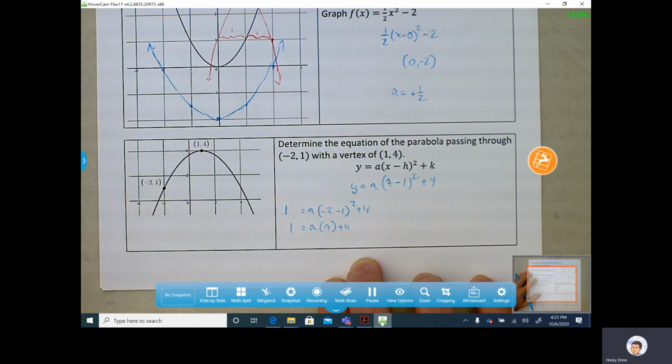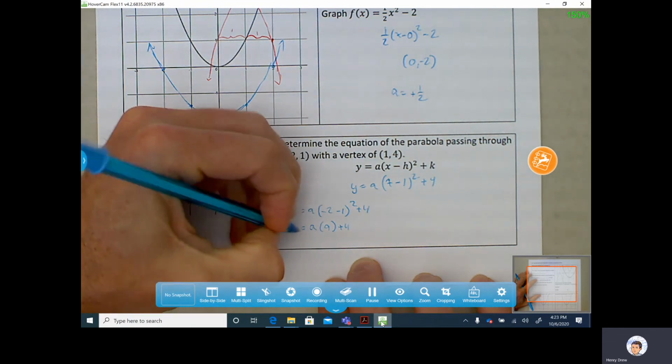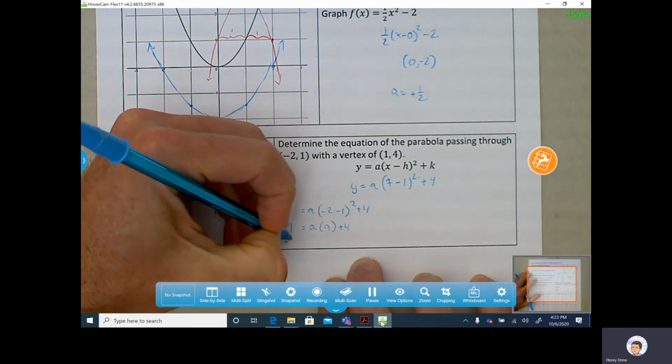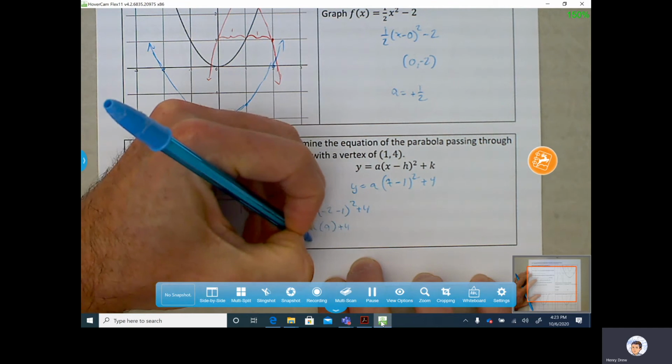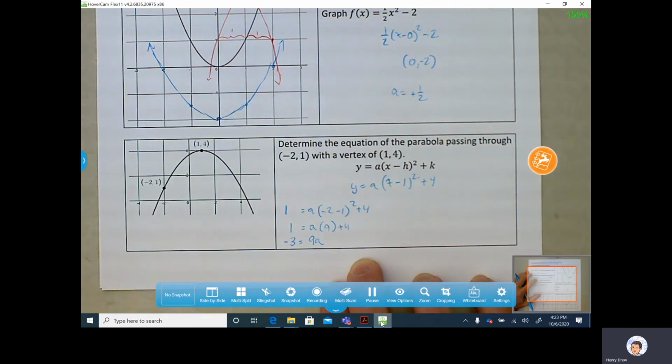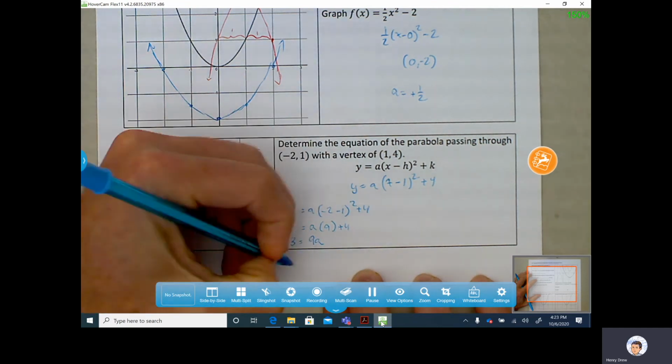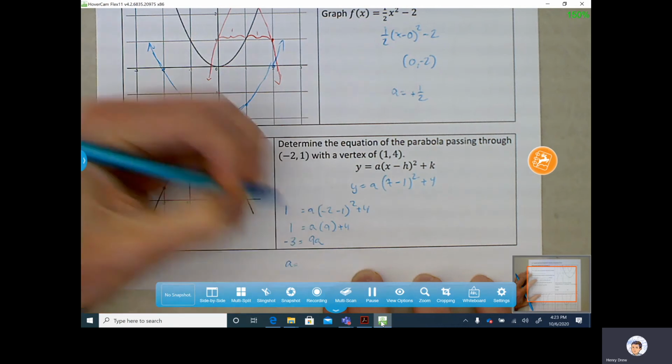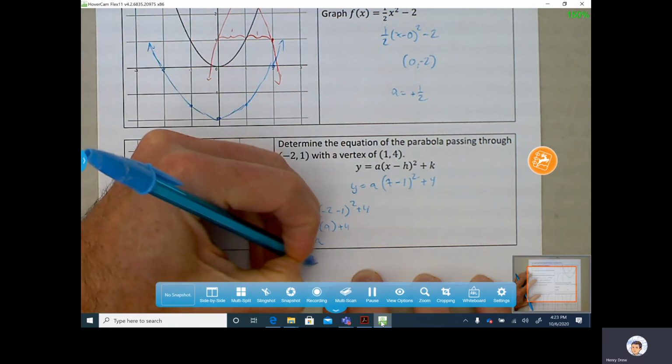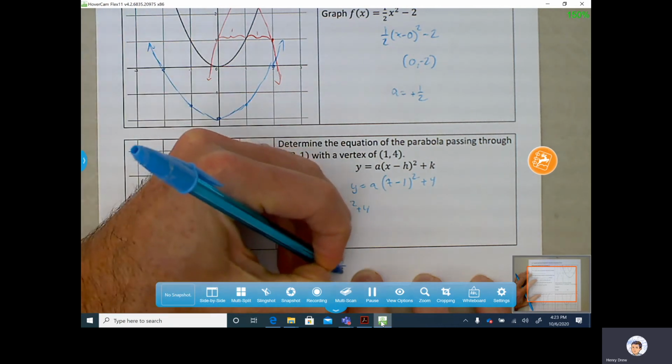If we subtract 4 to the other side, we'll get negative 3 equals 9a. A little bit of division, and a is going to equal negative 3/9 or negative 1/3.